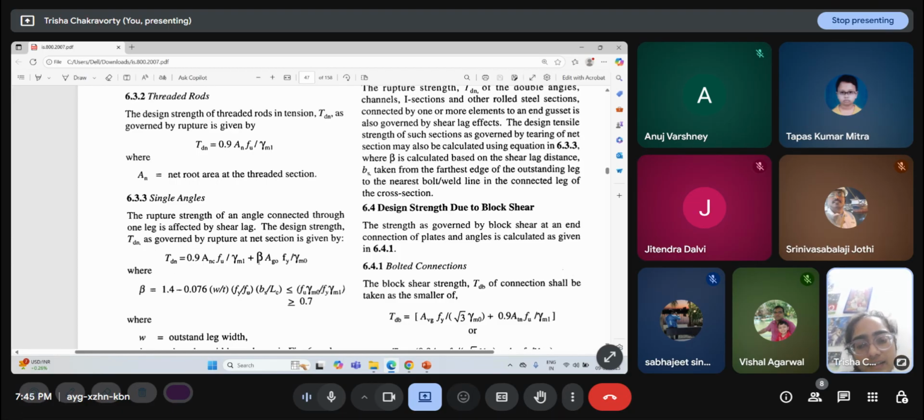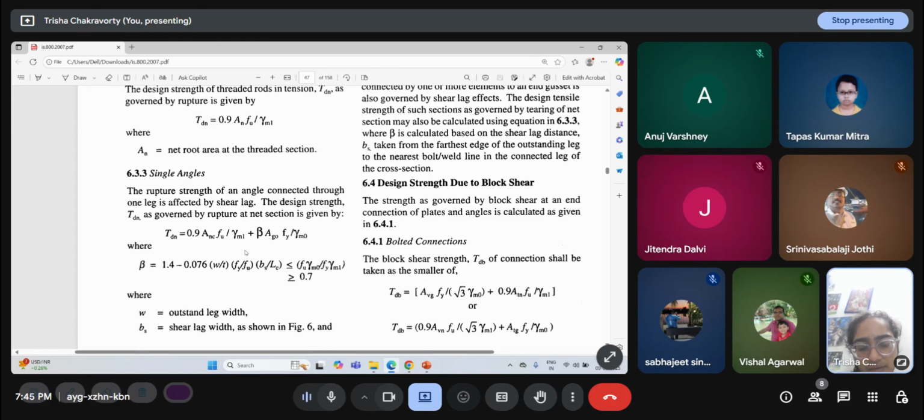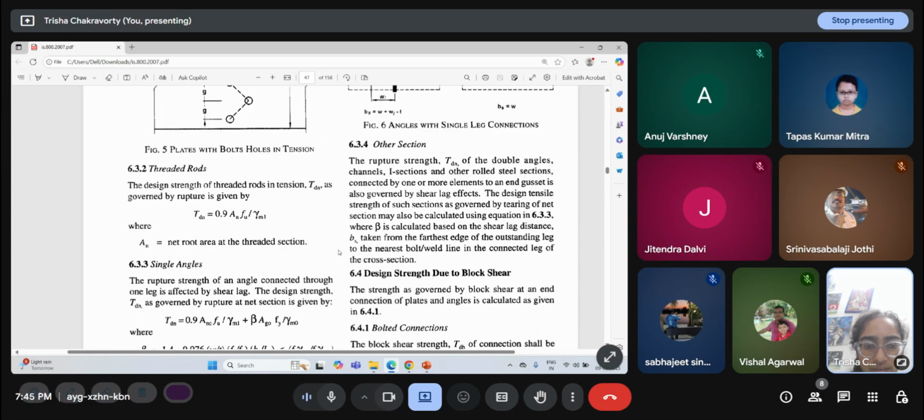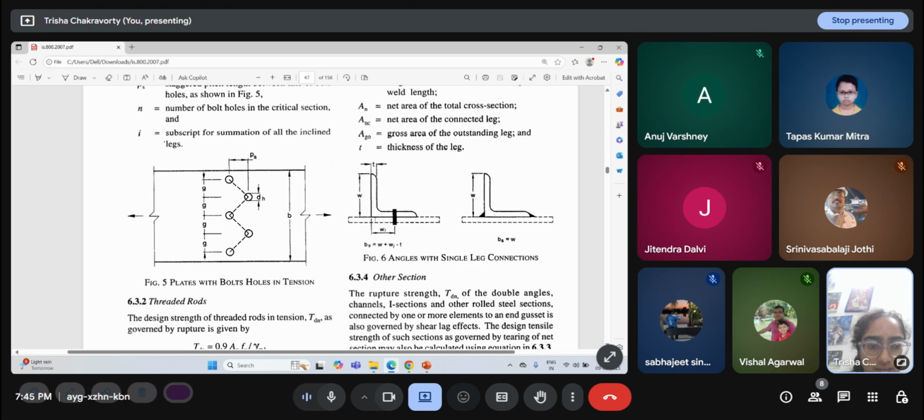Here we have to add this beta term, which we have already encountered before in bolts. Beta is 1.4 minus 0.076 w by t, fy by fu, bs by Lc. W is the outstanding leg width, bs is the shear lag width as shown in figure 6.